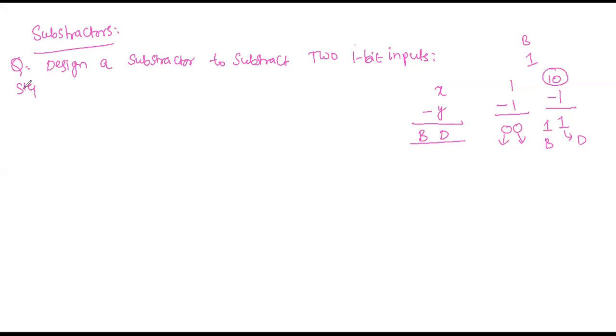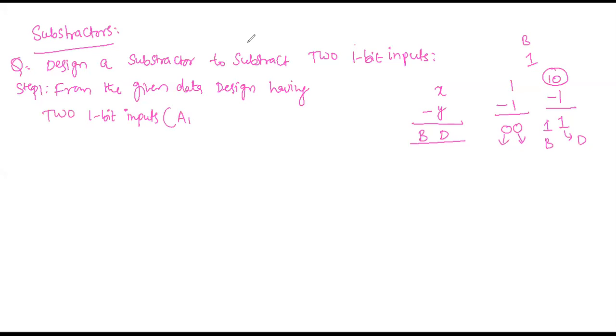So step 1: from the given data, design having two 1-bit inputs, symbols x comma y, and two 1-bit outputs, symbols b comma d.